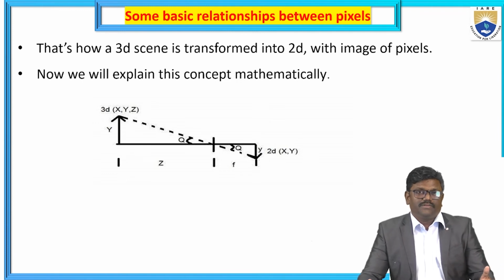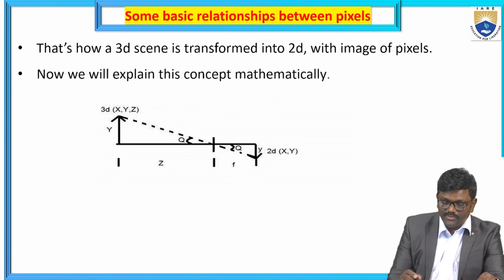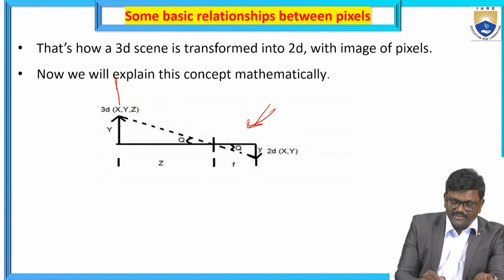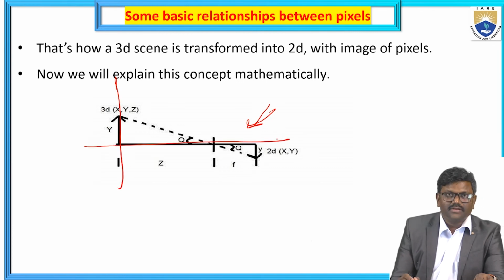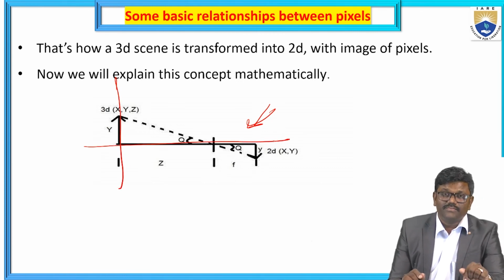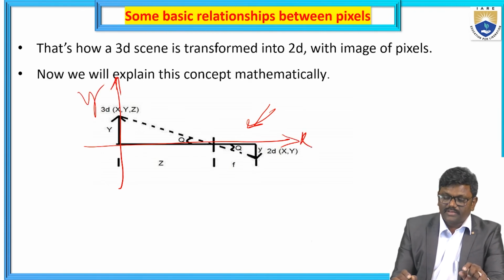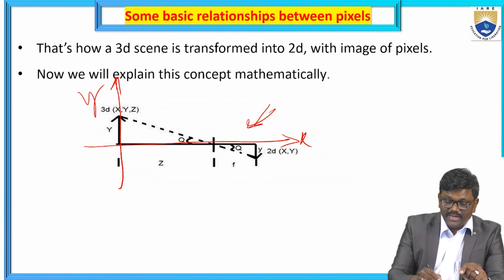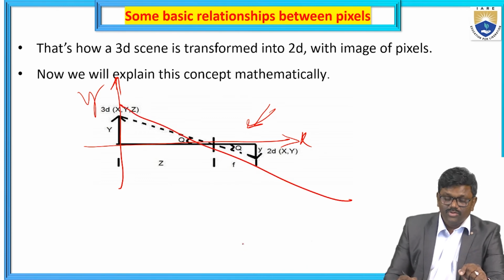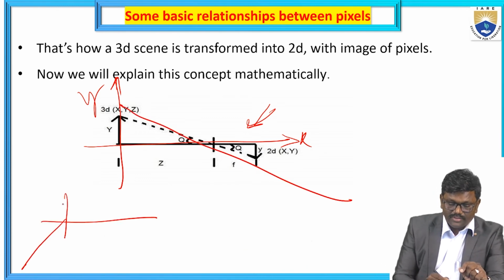with image pixels. Now we will explain this concept mathematically by using a simple figure. You know, the y-axis is this, the x-axis is this. Now the image is in terms of 3D, or the image is in terms of 2D. 2D means you consider only the x-axis and the y-axis. But 3D means we extend into another axis: this is y, this is z, and this is x.